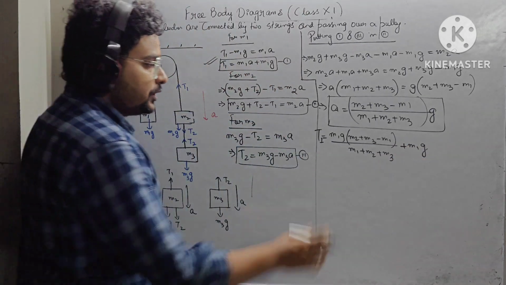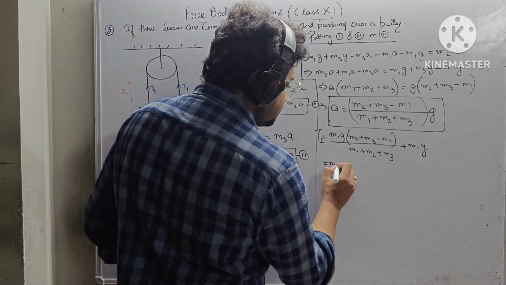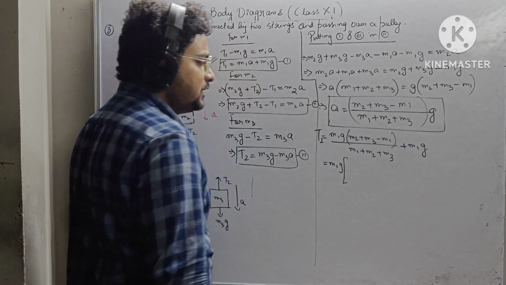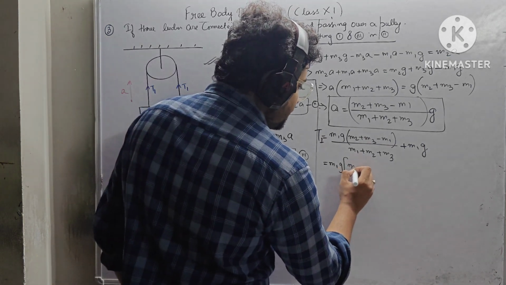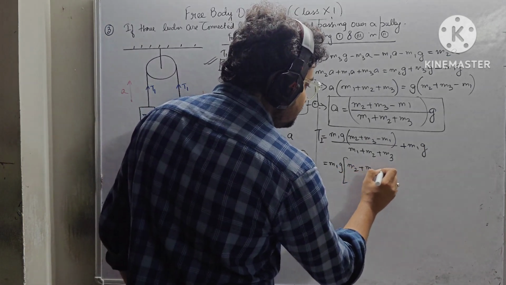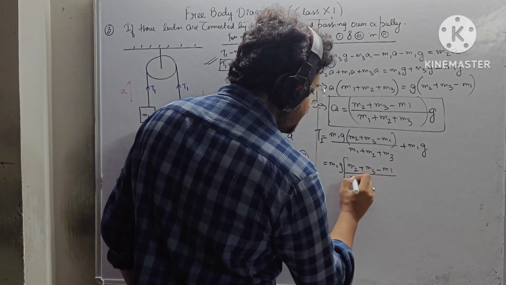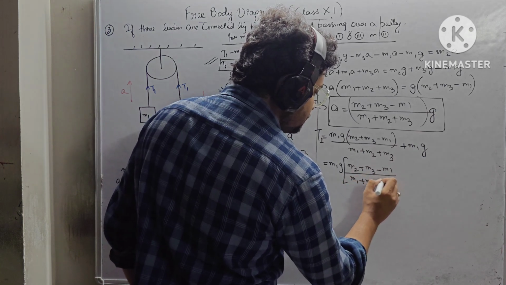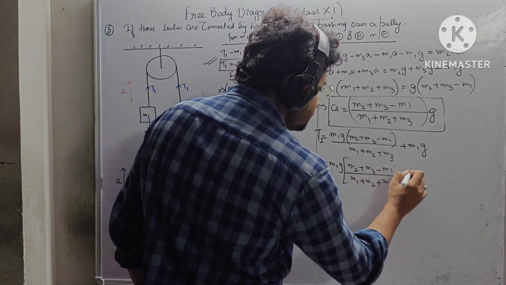So M1G I can take common. I will be left with M2 plus M3 minus M1 divided by M1 plus M2 plus M3 plus 1.